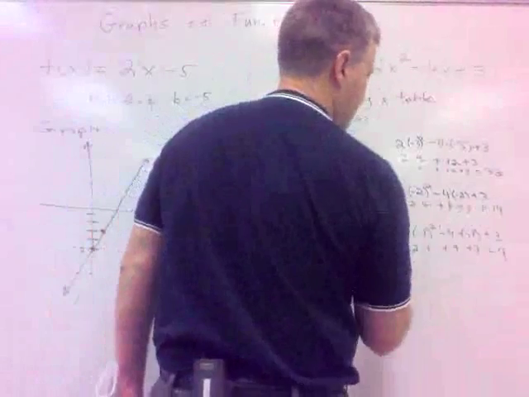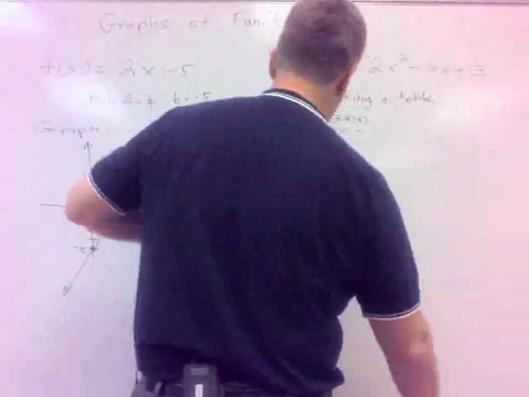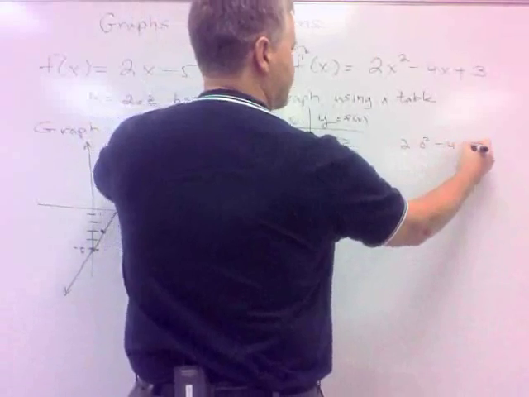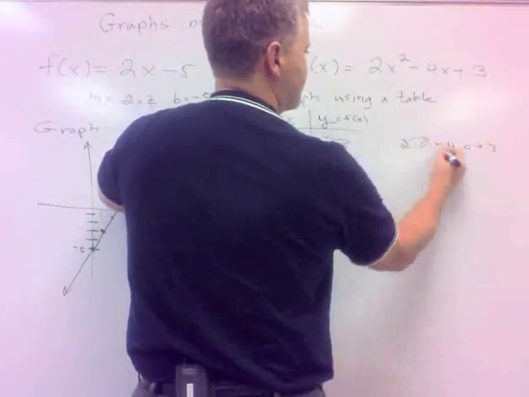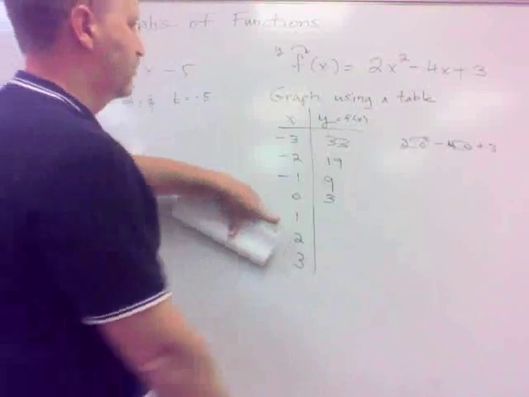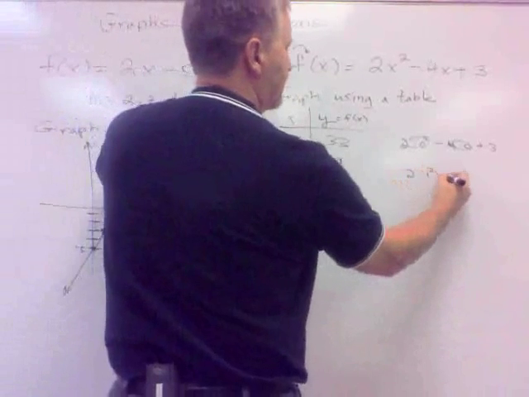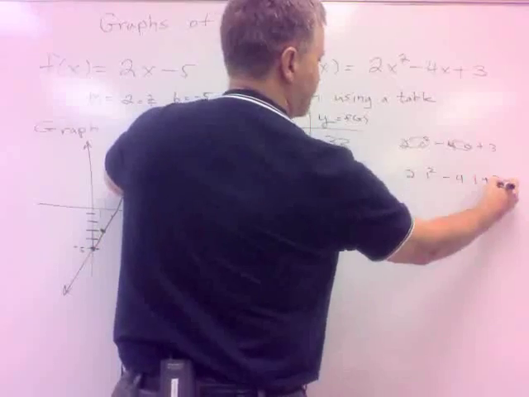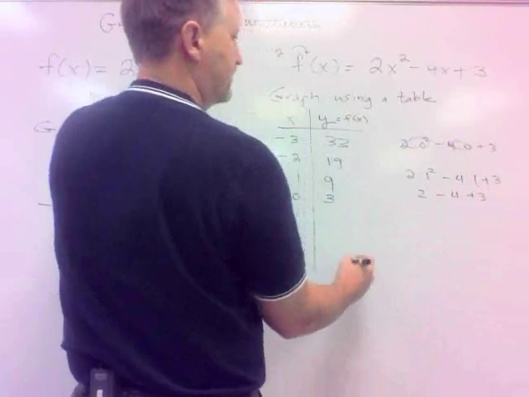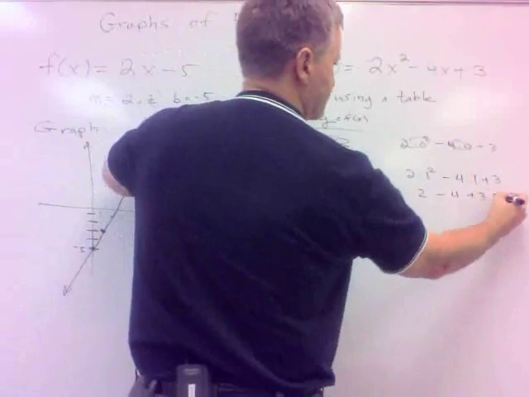And the rest of them are a little easier without the signs. What about for 0? Well, 2 times 0 squared minus 4 times 0 plus 3. That's 0, that's 0. So I'm getting 3. For 1, 2 times 1 squared minus 4 times 1 plus 3. Well, that's 2 minus 4 plus 3. That's negative 2 plus 3 is 1.